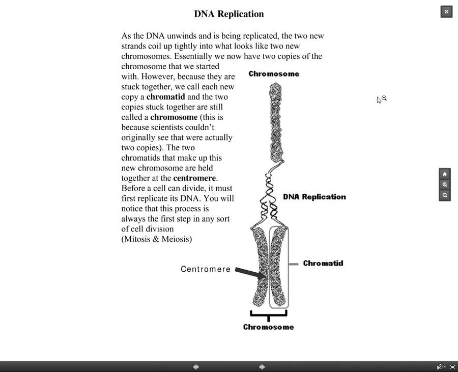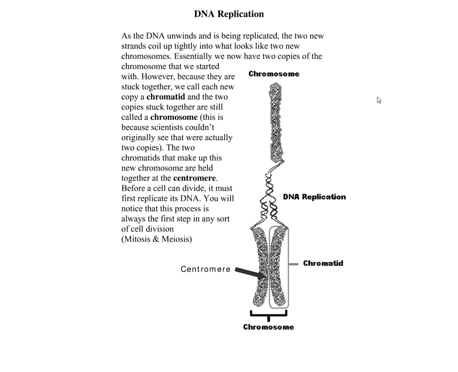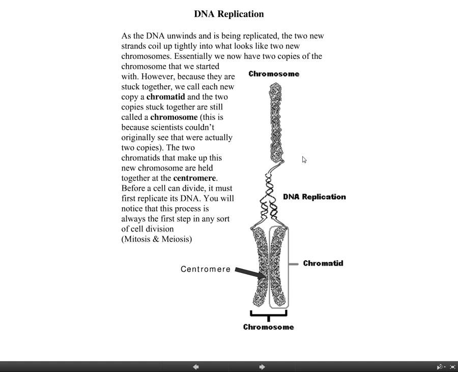So lastly, it's worth mentioning that when we go into nuclear division, if you're looking at nuclear division later, mitosis, meiosis and things like that, DNA replication is essentially where you have a single strand of DNA and it produces two strands.